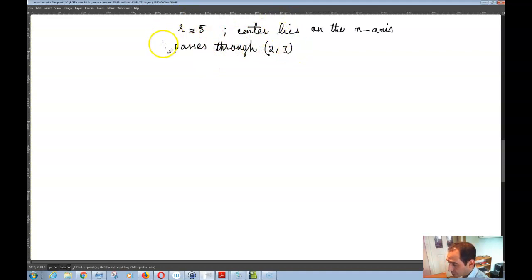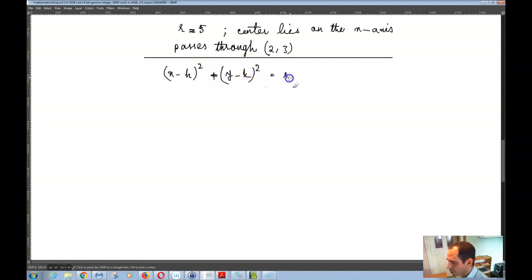Basically, if the circle passes through this point, you know that x minus h whole squared plus y minus k whole squared is equal to r squared. If the circle passes through this point 2, 3, I can write 2 minus h whole squared plus 3 minus k whole squared is equal to r squared.